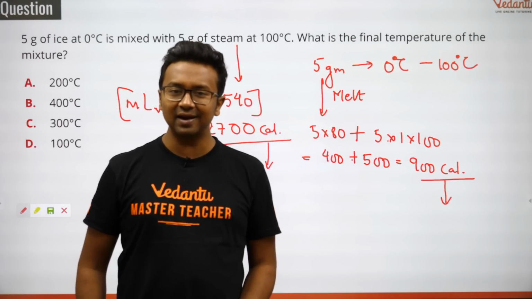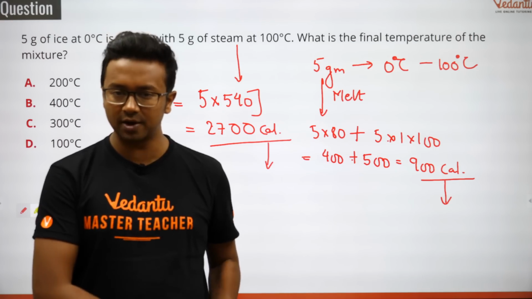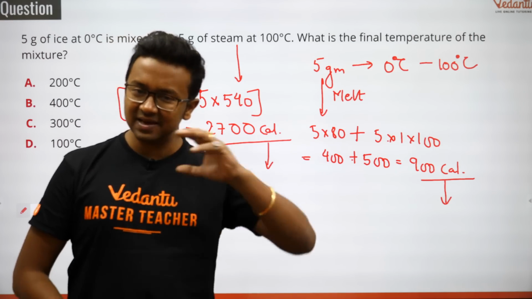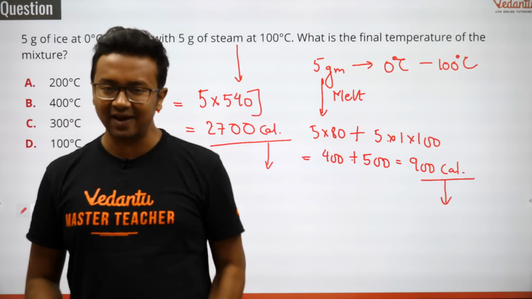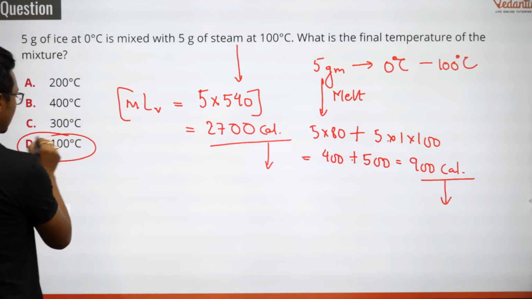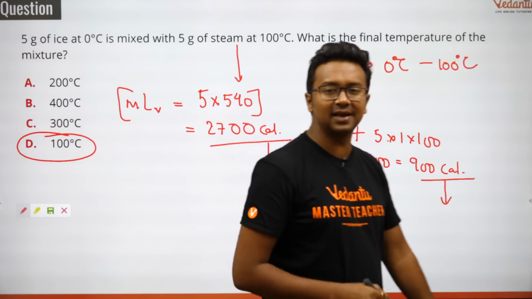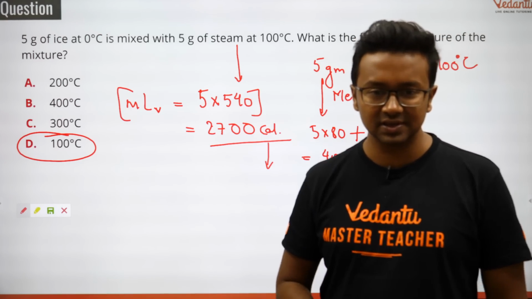So all the steam need not get converted into water. So if steam is there and we have ice at 0 degree, then the final temperature will be 100 degree centigrade.